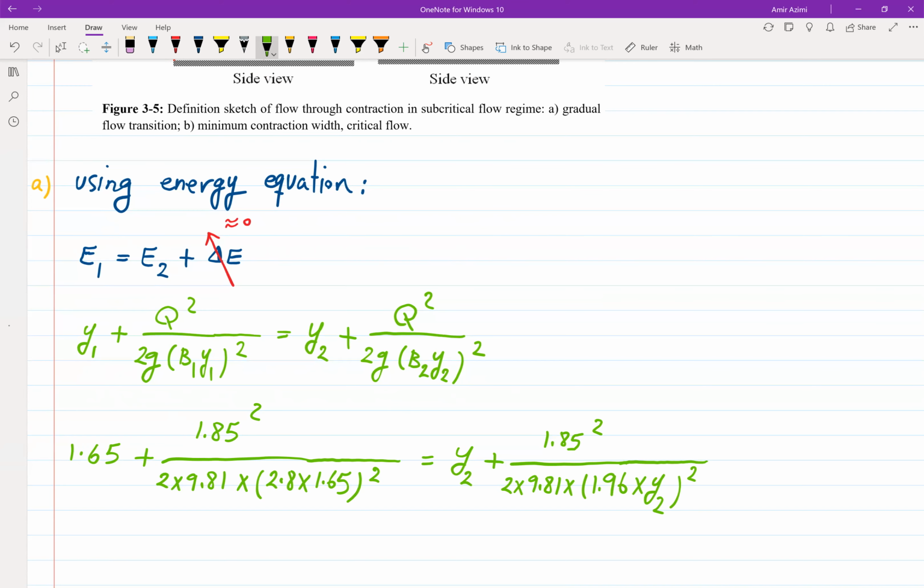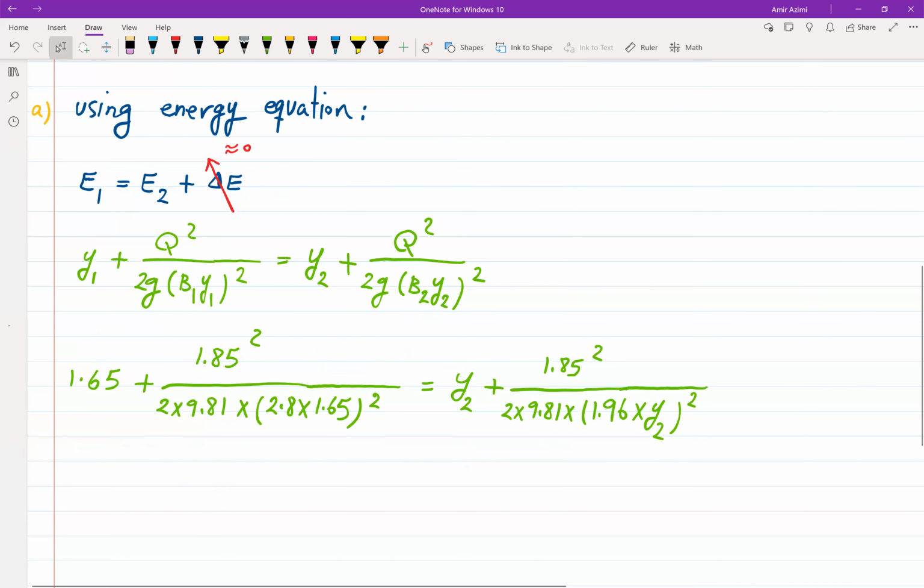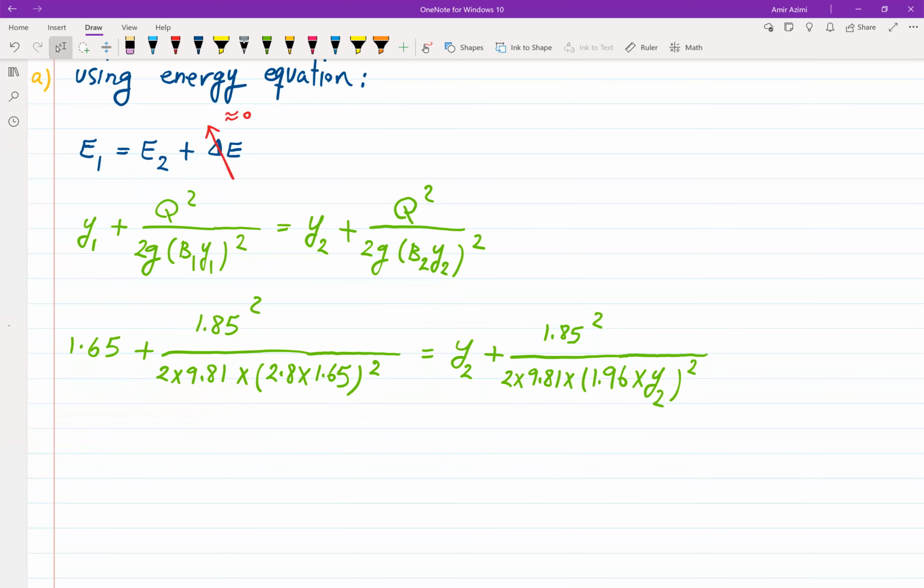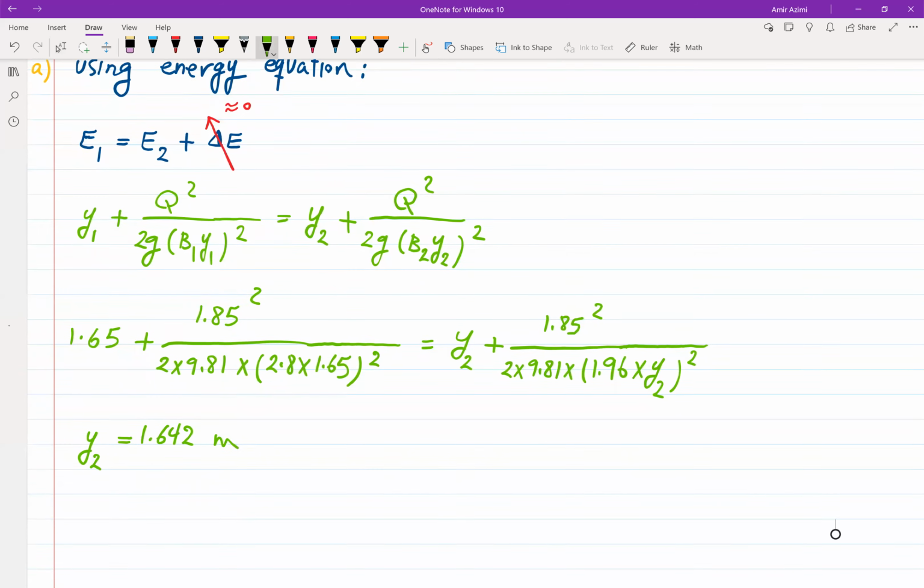So one equation, one unknown. You can either use Excel to solve it by trial and error, or you can just solve the cubic equation with your calculator to get the value of Y2. From that, you will get Y2 equal to 1.64542 meters.